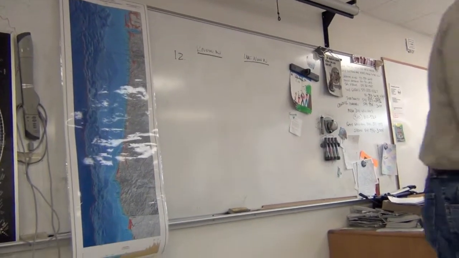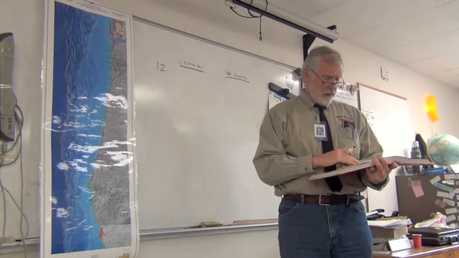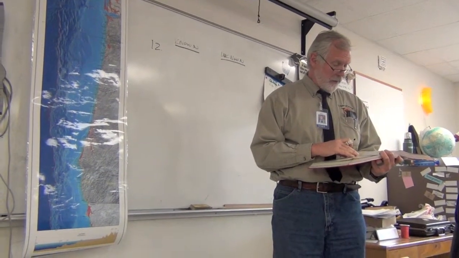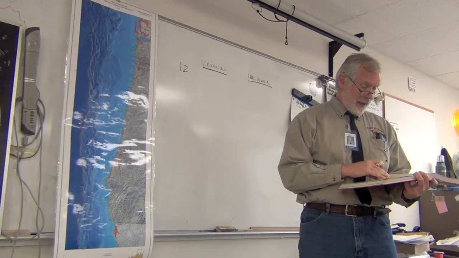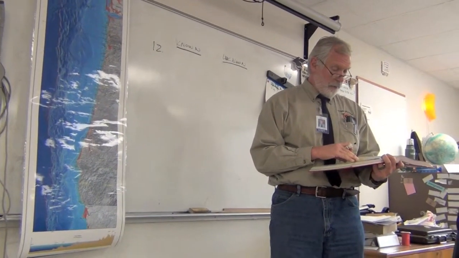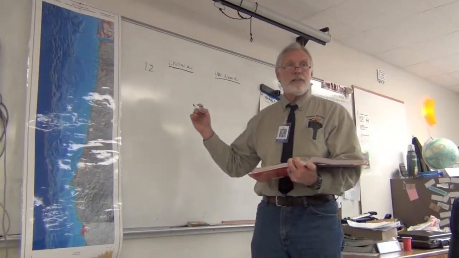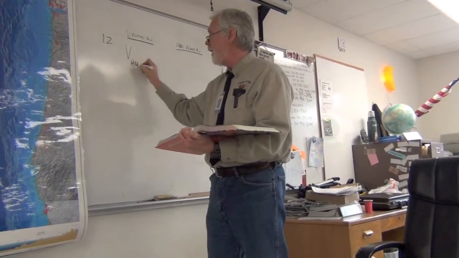What are our knowns? Problem 12. So let's read it. People are having a hard time picking out what they know. When 50 milliliters of water containing 0.5 molar HCl at 22.5 degrees. So what does that tell us? That tells us the volume of HCl, doesn't it?